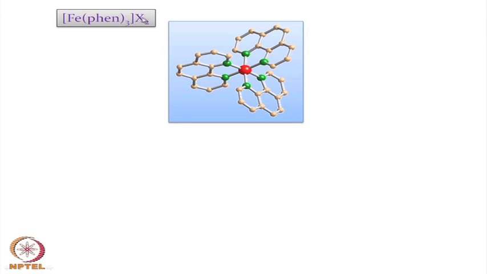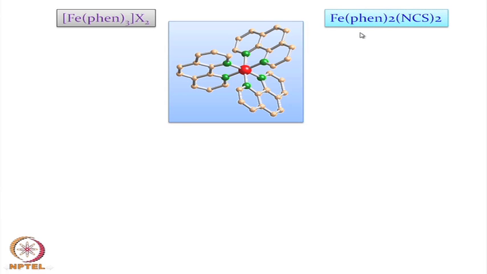So, 2 of these X groups can be chloride, bromide, or iodide. Depending upon the compound's isolation technique, we can have 3 different salts. It is a dicationic compound obtained as its corresponding salt, and these anions also have a profound effect due to the crystal field packing on the high spin and low spin states.